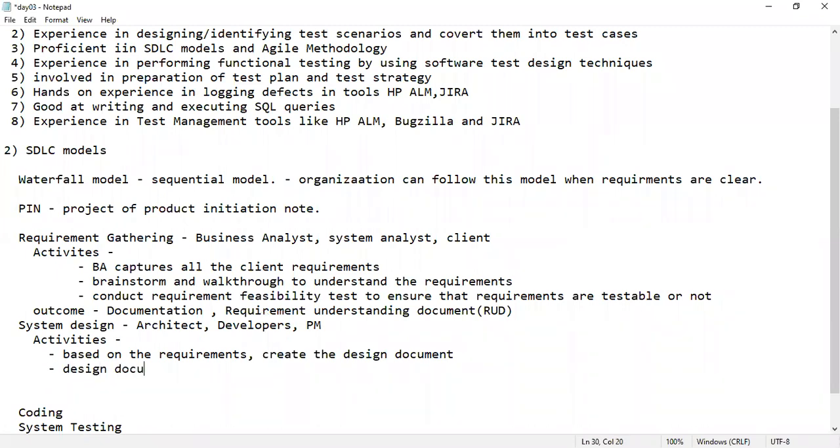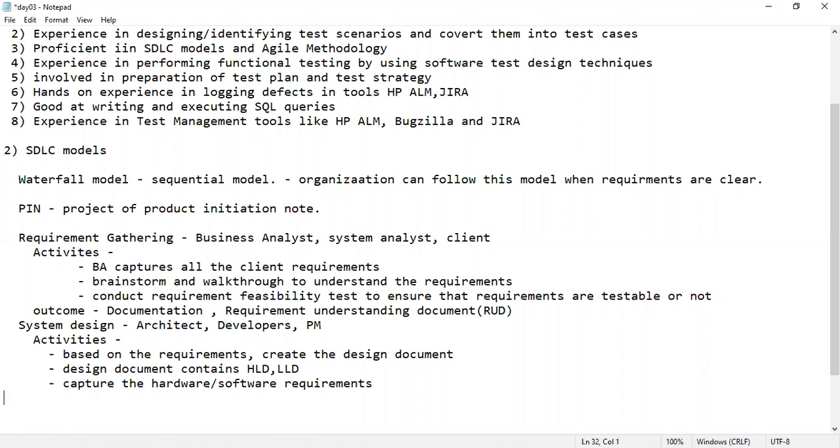The design document contains two types. What are those two? High level documentation and low level documentation. Okay, next, under system design, we have to capture all hardware and software requirements.